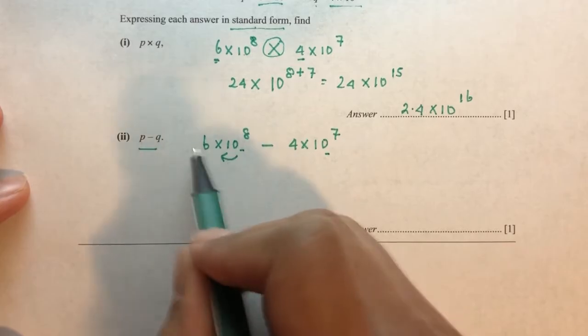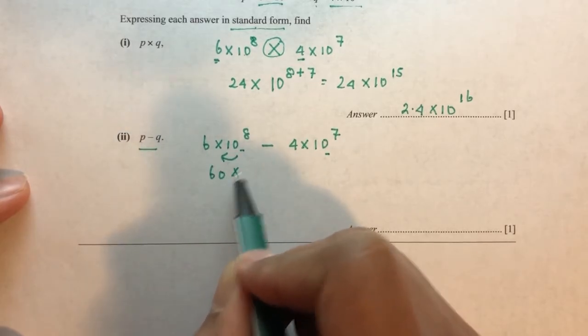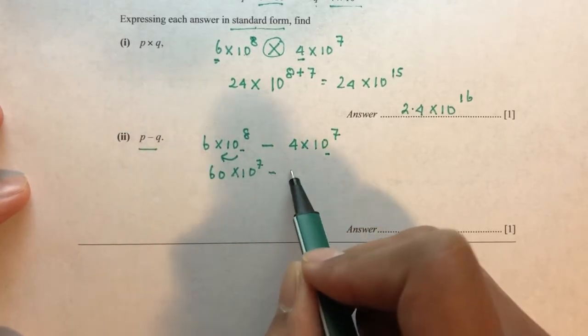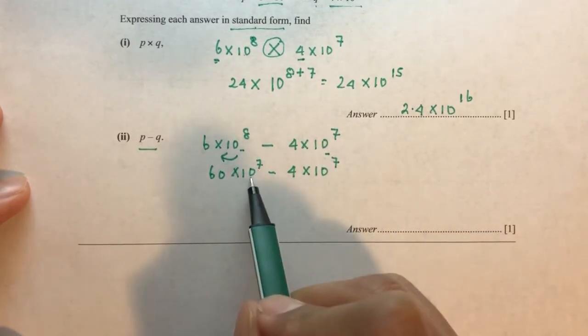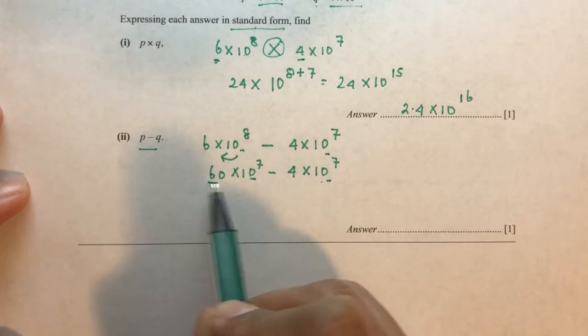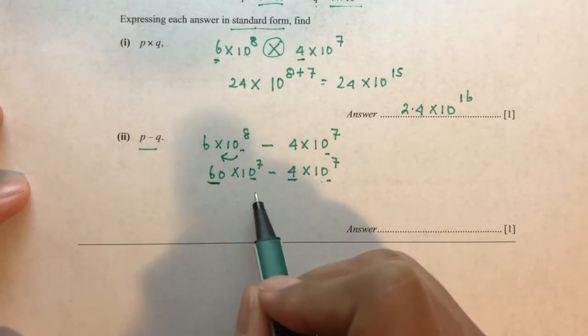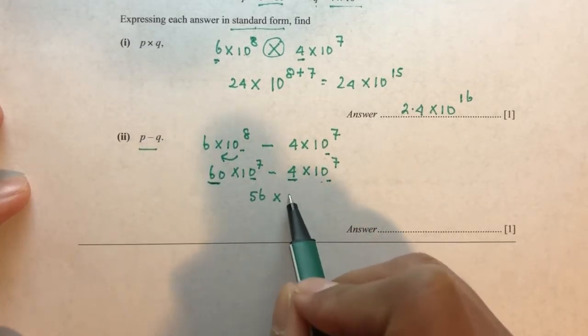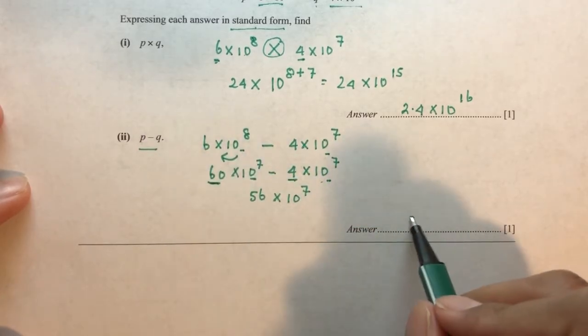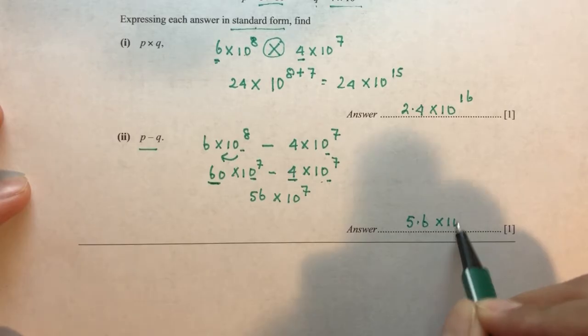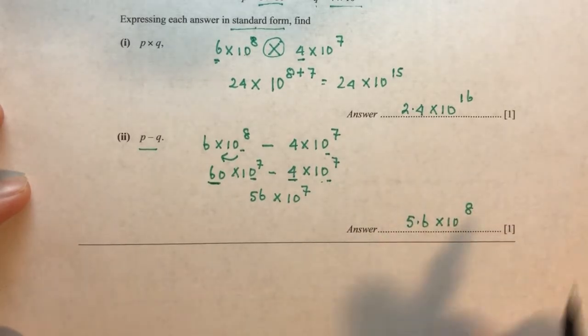The 10 here will be 60 times 10 power 7 minus 4 times 10 power 7. So now the powers are the same, we can just do minus. So 60 minus 4 is 56 times 10 power 7. So in its standard form, it will be 5.6 times 10 power 8. And that is your answer for part 2.